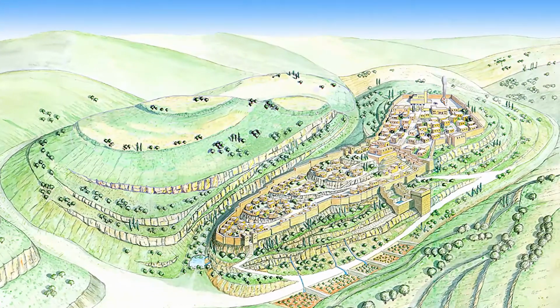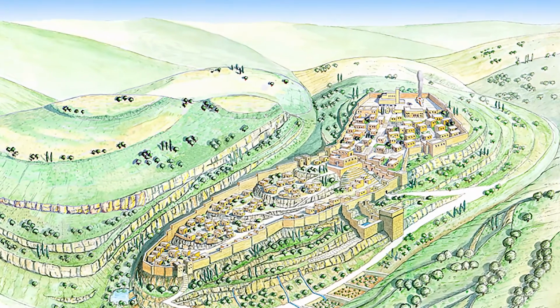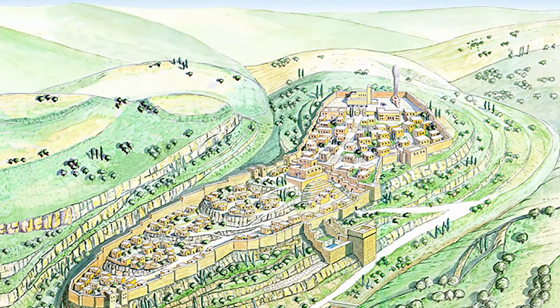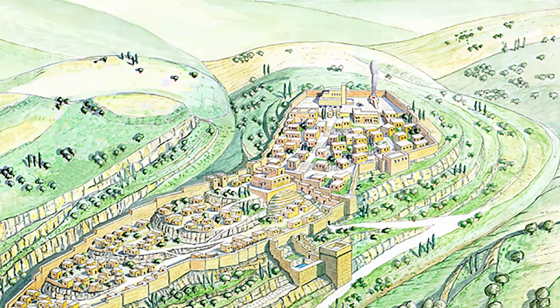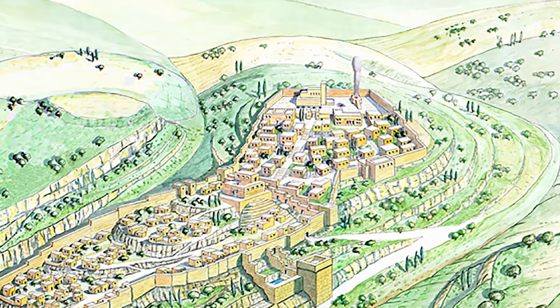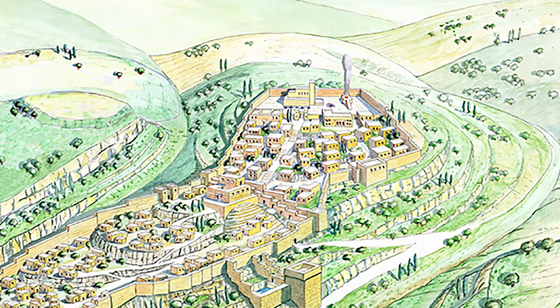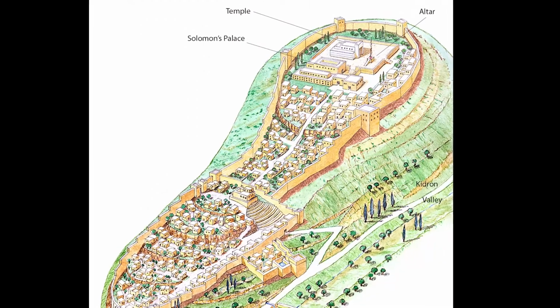Okay, moving on from David's time to the time of his son Solomon, whom God had appointed to build the temple, we see that Jerusalem has expanded to the north, and that area is now built up and circled by the walls. Up there at the northernmost point would have been where the temple that Solomon built stood. Here's a little detailed view.